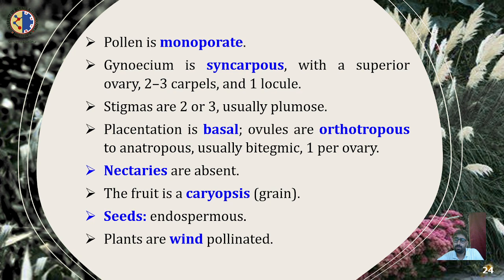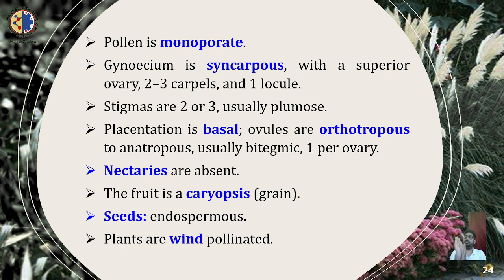What are orthotropous ovules and what are anatropous? First, anatropous ovules are the most common type of ovules found in angiospermic plants, where the ovule is completely inverted by 180 degrees, so that the micropyle is inverted totally. Micropyle and hilum come close to each other.